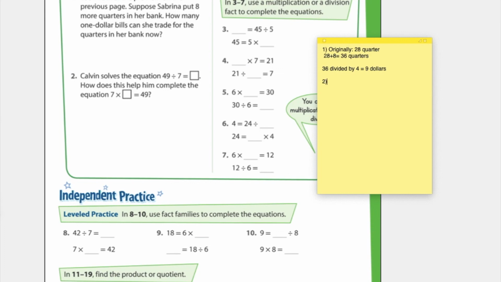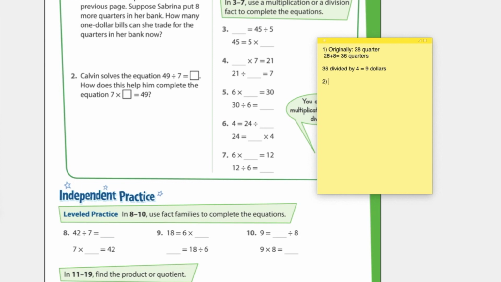Moving on to number 2, Calvin solves the equation of 49 divided by 7 equals blank. How does this help him complete the equation 7 times blank equals 49? So we need to look at the numbers that are being used, and then we need to ask ourselves, if we want to solve a division problem, we need to see what times 7 would give us 49, and then we can go from there.